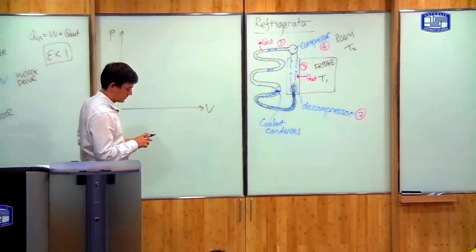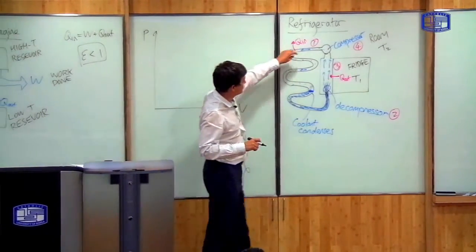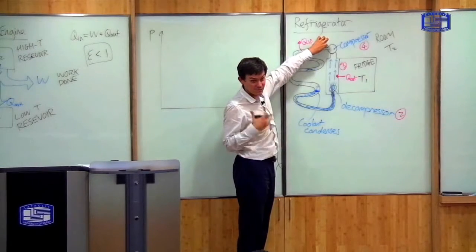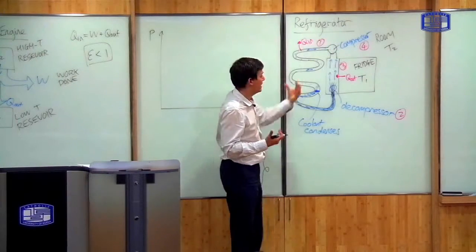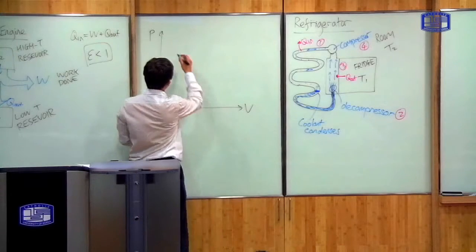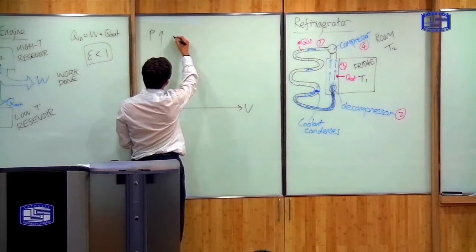So we start when it's just come out of the compressor. It's just come out of the compressor, so it's at a high temperature, and it's at a high pressure. So it's somewhere up here.